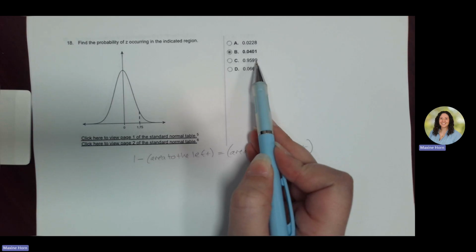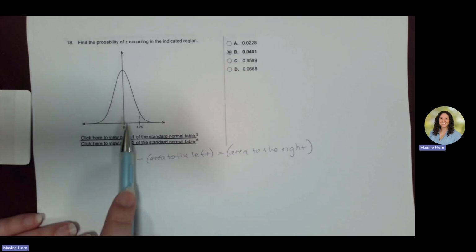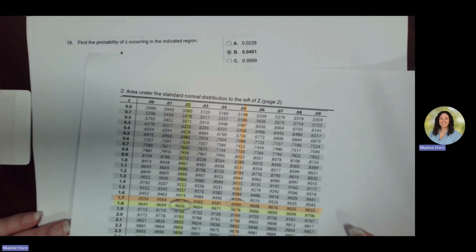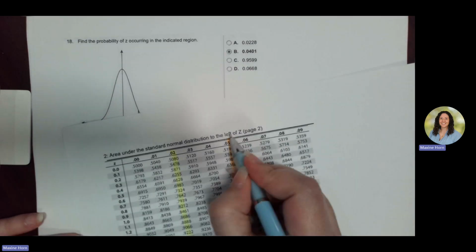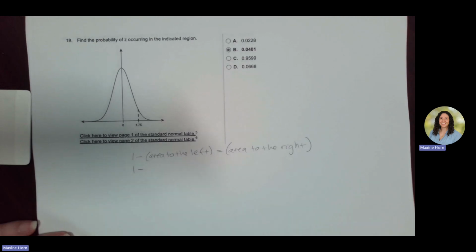They want to make sure that you're paying attention and that you're not just blindly finding a number and selecting it, because they didn't ask for that. Because remember, this table only gives you the area to the left of Z, and that's fine. It gives us the information we need to find what we're actually looking for.